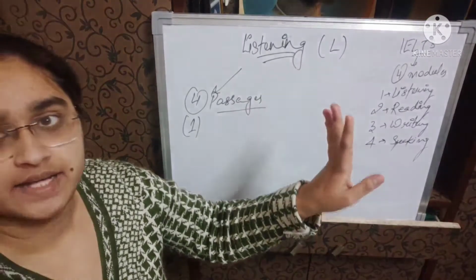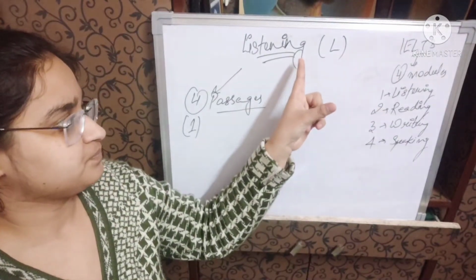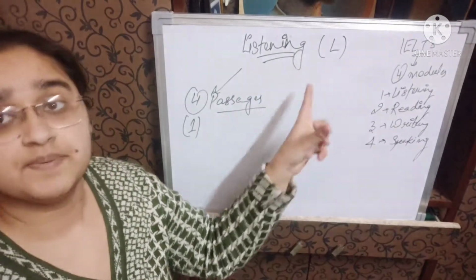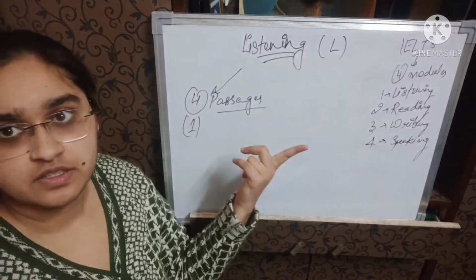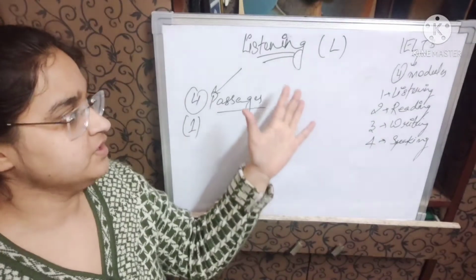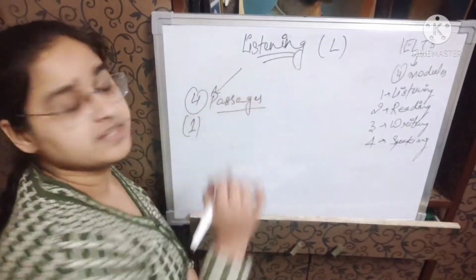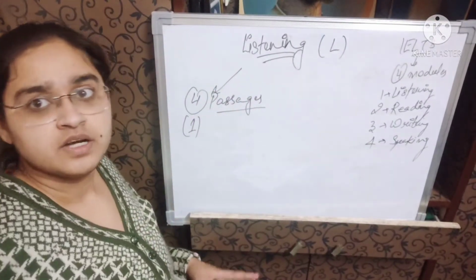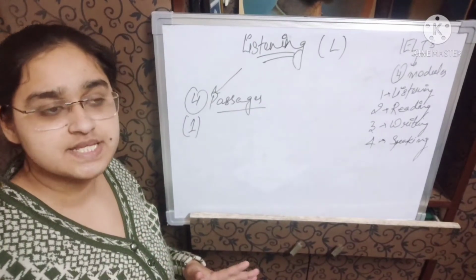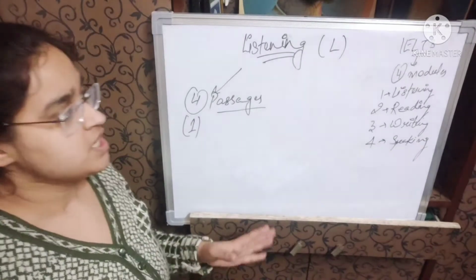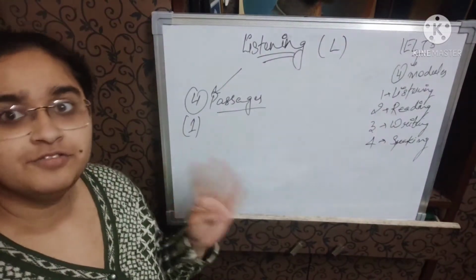The first thing in the listening is what the speaker's accent is. There are four accents. Earlier there were three accents, but nowadays the Canadian accent is also included. So now there are four accents.